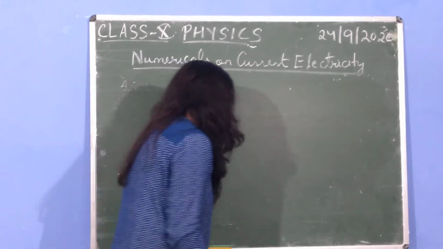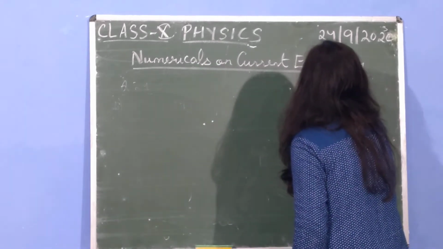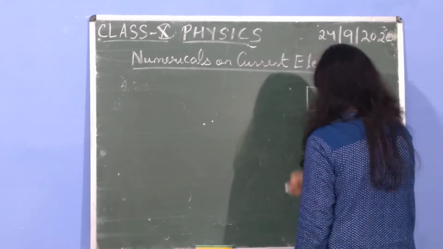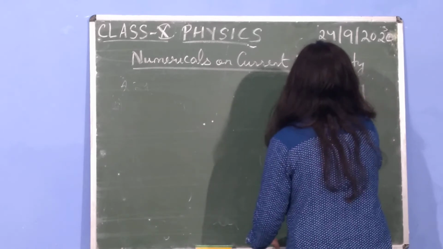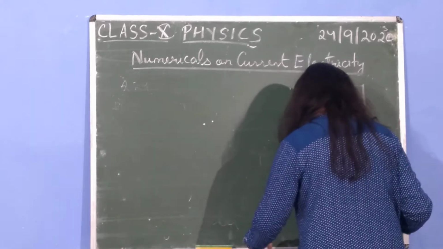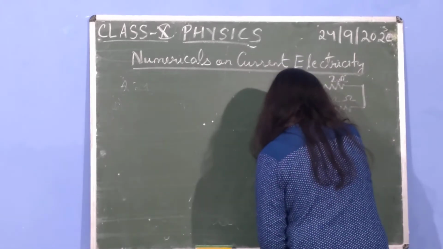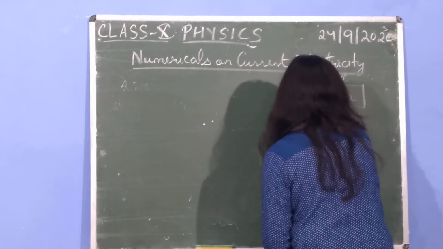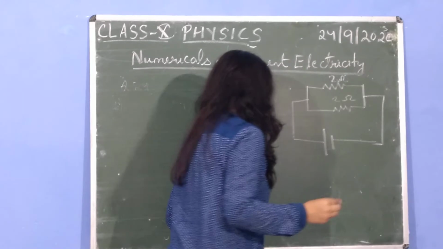Now you have two resistors connected in parallel and the supply of current is 1.2 ampere through the circuit. So you have two resistors in parallel, each of value 2 ohm, and this also is 2 ohm, and this is connected to a battery or a cell.